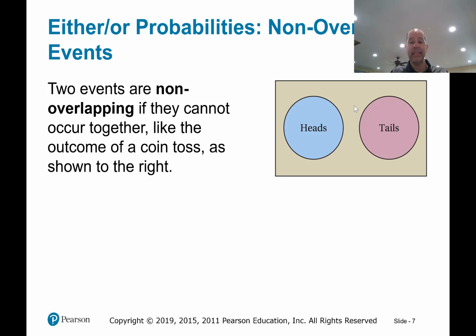These are what we call disjoint circles, or mutually exclusive circles. The example they give us is heads and tails. If you flip a coin, you're either going to get heads or tails. You can't get both. This is represented by the fact that we have 2 circles that represent each outcome, and they're non-overlapping. They do not intersect. So again, the words we use are disjoint or mutually exclusive.